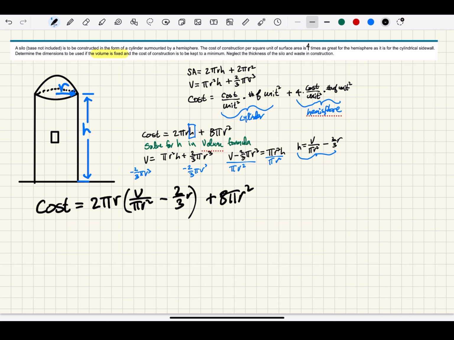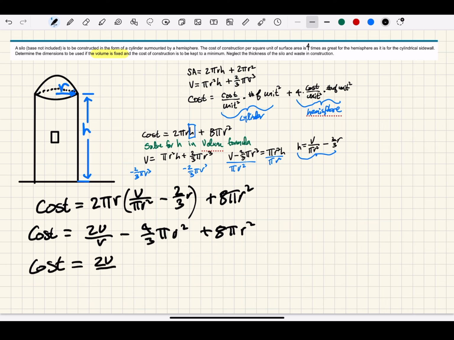Now we can distribute 2 pi r over the parentheses, and we'll have cost equal to 2V over r minus 4/3 pi r squared plus 8 pi r squared. Now, combining like terms, we have an expression for the cost: 2V over r plus 20/3 pi r squared.